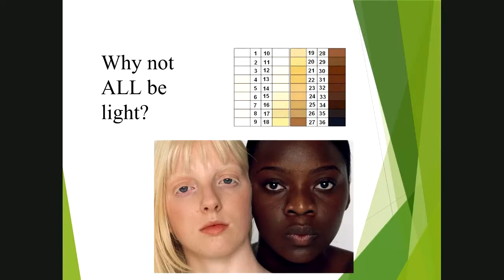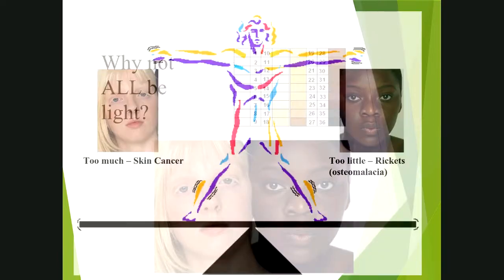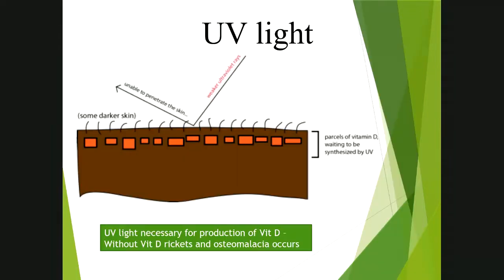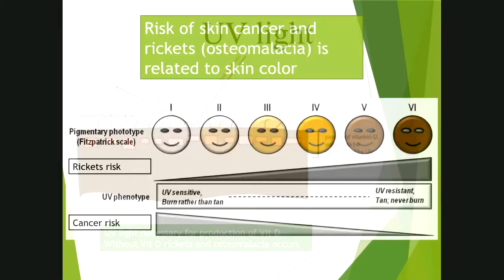It depends on where you live. If you think about where your ancestors came from, they came from different parts of this planet. And if you look at the planet, we're going to see that there are different amounts of UV light. Remember, this UV light hits the skin, but if it's dark, it's going to bounce off. And so there's going to be less chance to make vitamin D.